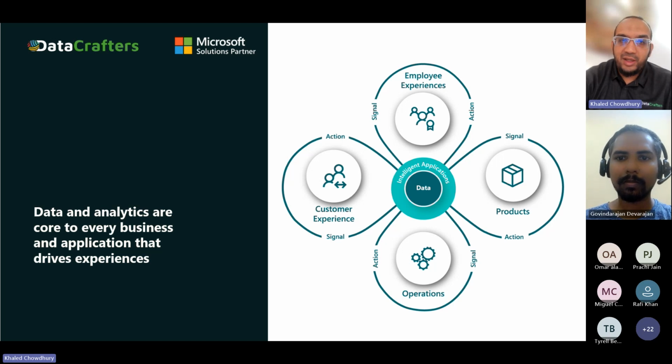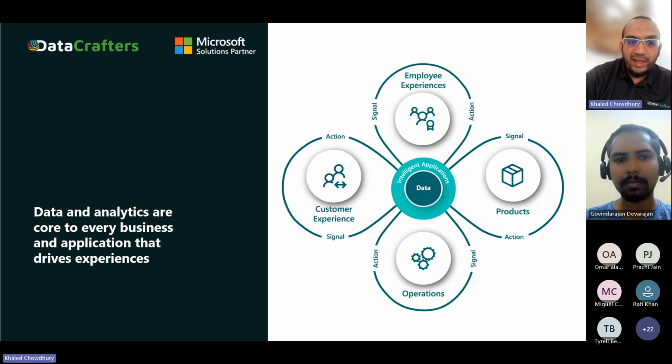We have customers on one end, products on the other side, and to wrap this together, we have our people and operations. From a feedback loop perspective, we need to continuously understand the signal it is giving and take action on that. So understanding signals becomes very important, and then making those signals actionable becomes more critical.